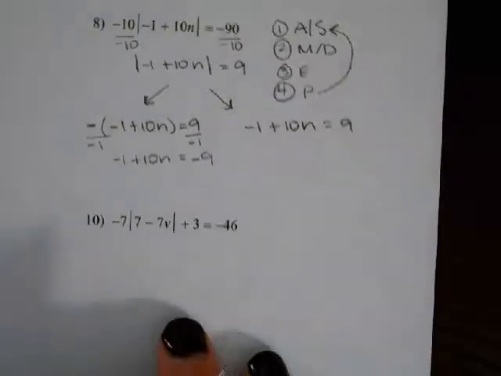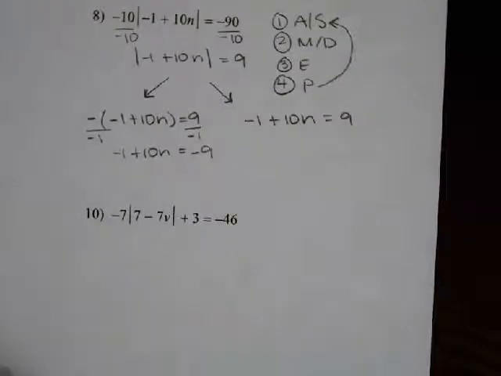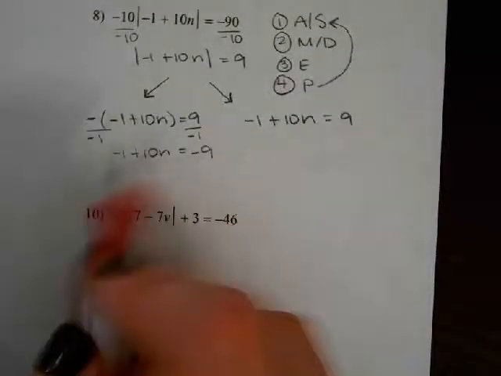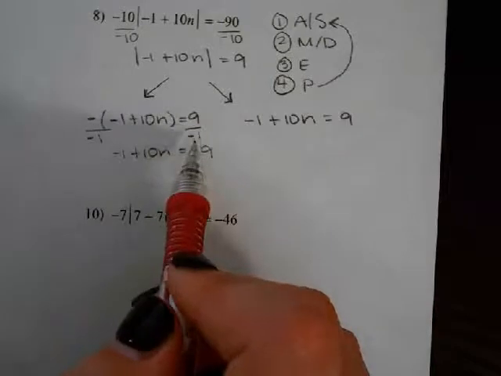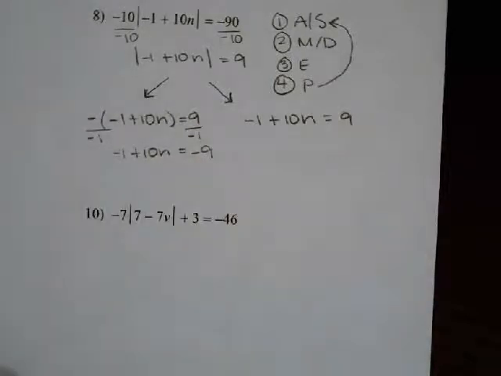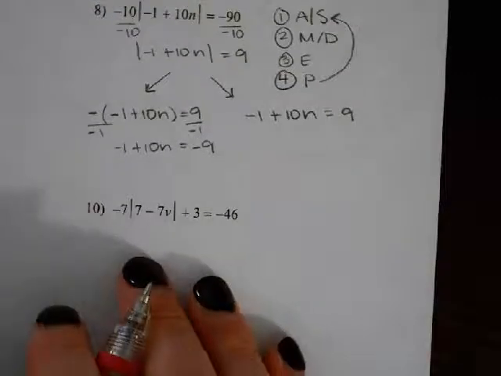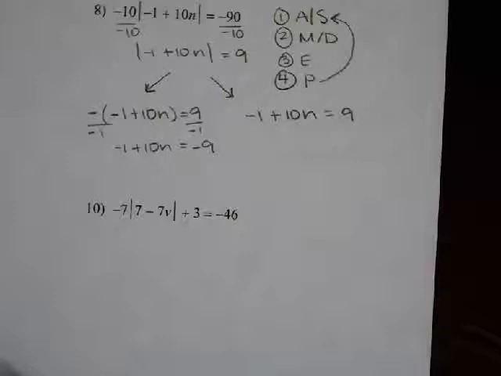So you can divide that -1 to kind of get rid of it, or you can distribute it to the parentheses. Either one of those things would work. And now we can kind of solve them both the same way because they look the same. So what should we do now?